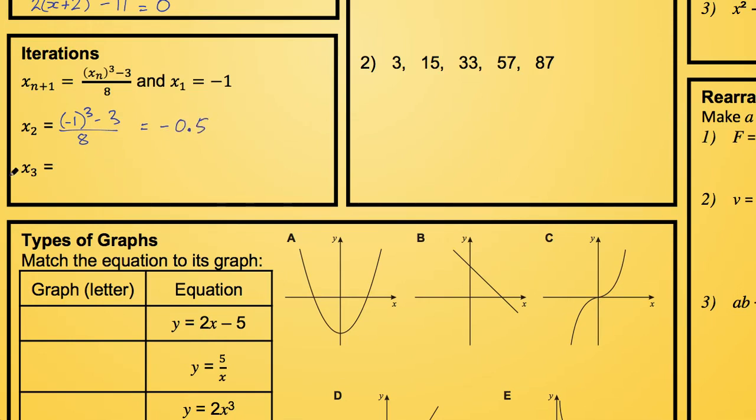And my third version of x, x3, is going to be my previous result, cubed minus 3 over 8. Which gives me minus 0.390625. And in general with these I would write out the full number unless you're told to round it to a certain degree of accuracy.